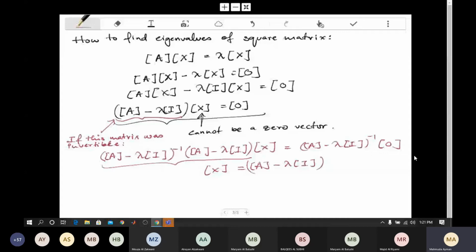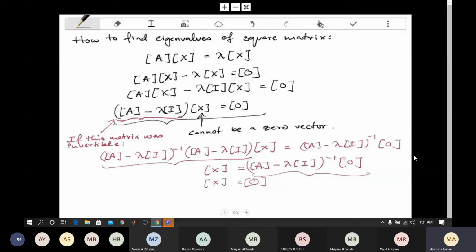And as you can see, this is equal to 0. So we have x is equal to 0 vector in that case. But then we don't want x to be a 0 vector, right? So for that, this matrix here is not invertible, means it does not have an inverse.